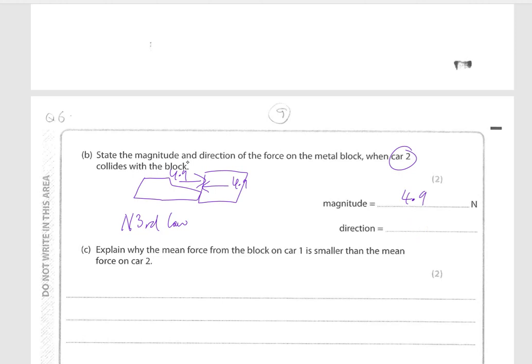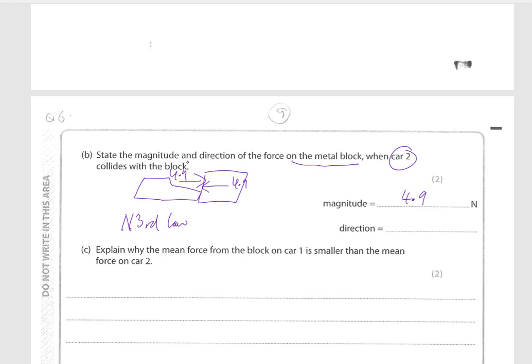State the magnitude and direction of the force on the metal block when the car collides. So state the magnitude and the force on the metal block. Okay, my bad. That's fine.